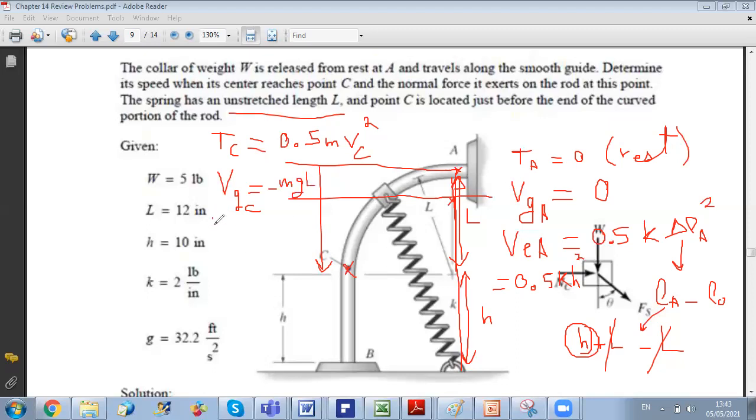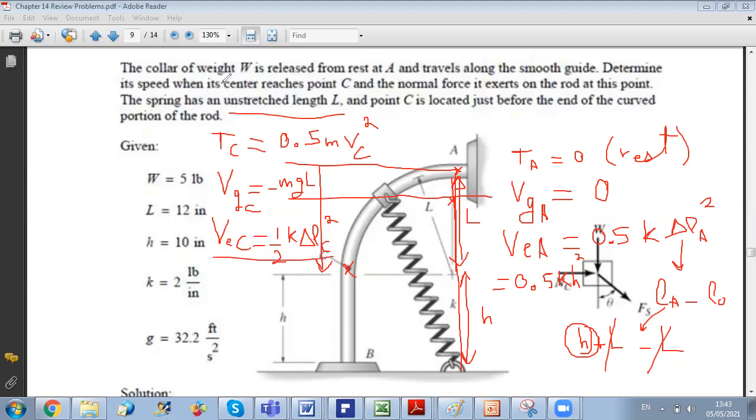So V gravitational at C is minus mg times big L. Finally, for the elastic potential, V elastic at C is equal to half K delta LC squared. We have already found the value of delta LC because we used it for the spring force. You just have to replace delta LC by LC minus L, and you get the value of the elastic potential.